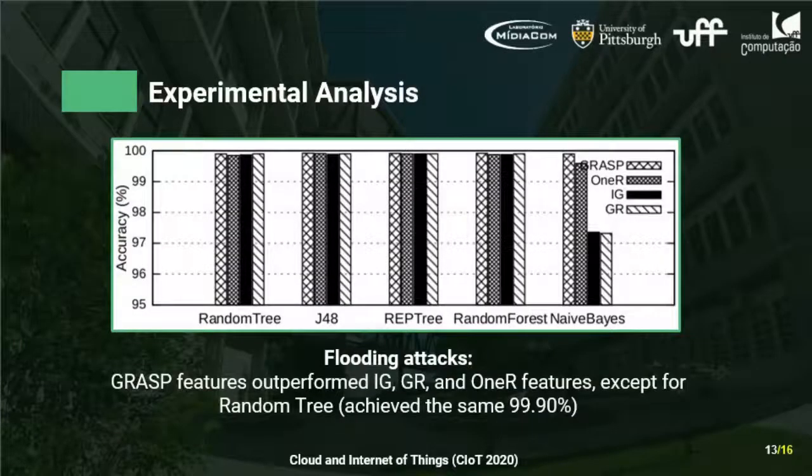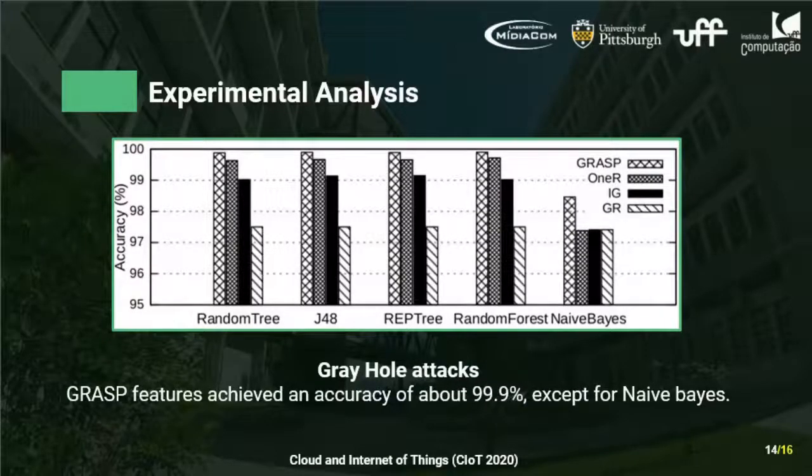In this figure, you can see that for flooding attacks, GRASP features outperformed IG, GR, and OneR features except for random tree. For random tree, GRASP achieved the same 99.9% of accuracy. For the gray hole attacks, GRASP features achieved an accuracy of about 99.9%, except for naive Bayes.